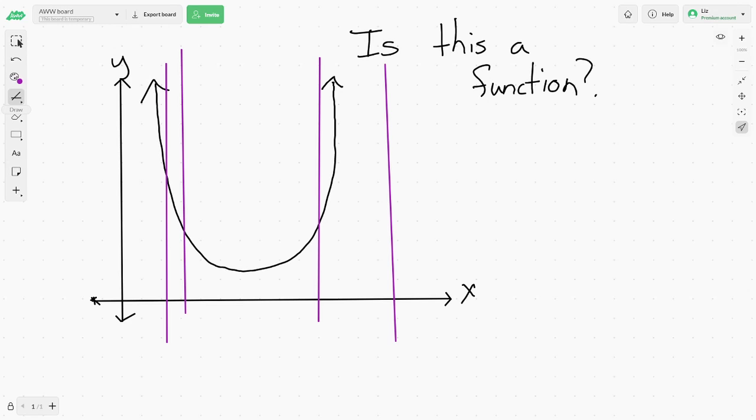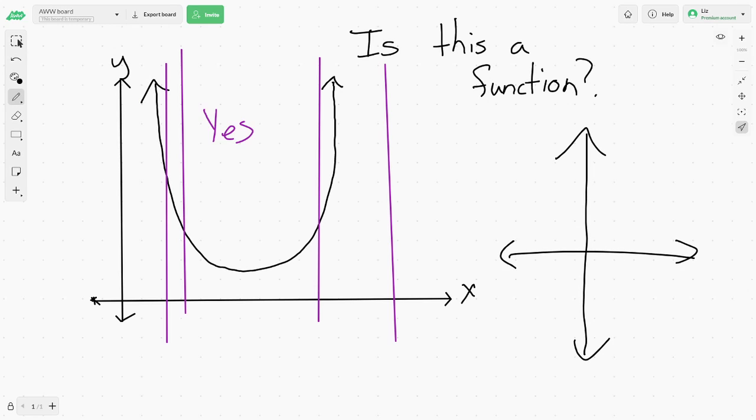So let's actually look at one of each. So this is a function. This is not going to hit the graph at more than 1 point. But if we had a graph, we'll just do it like this, if we turned this parabola on its side, if we turn this U on its side, whoops, we can hit the graph at more than 1 point.